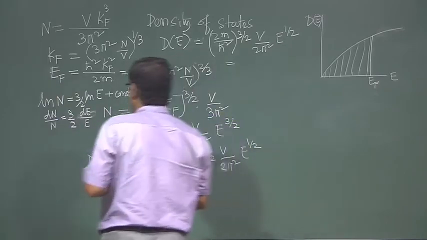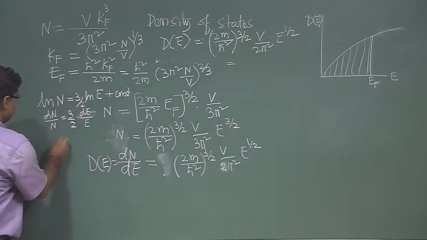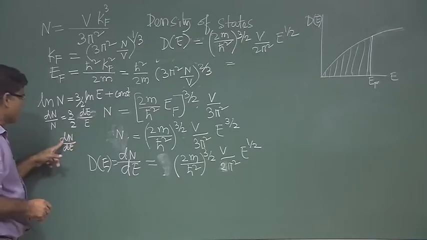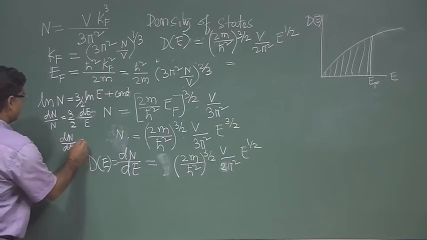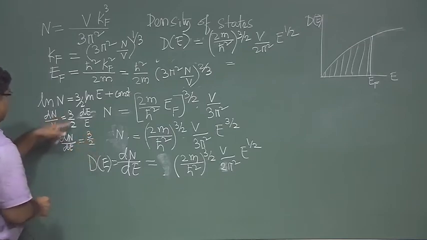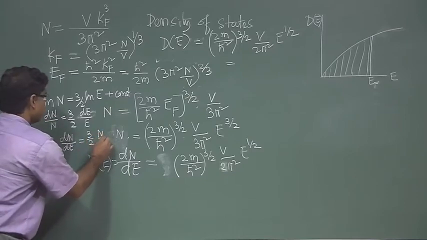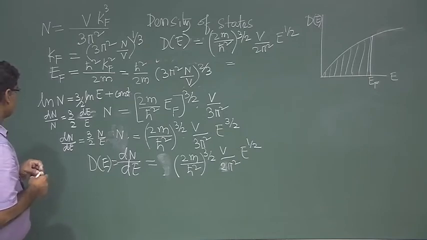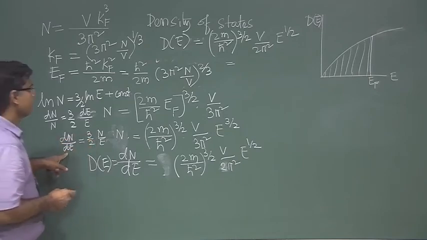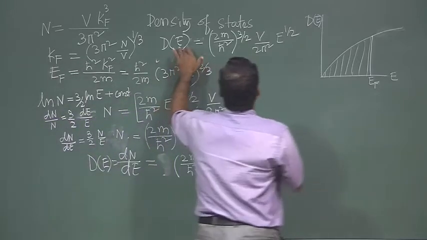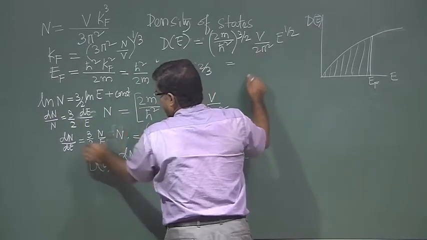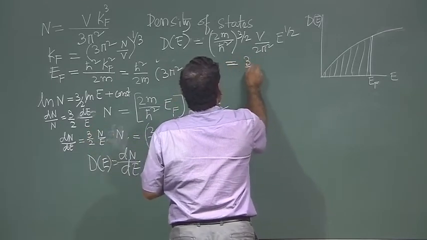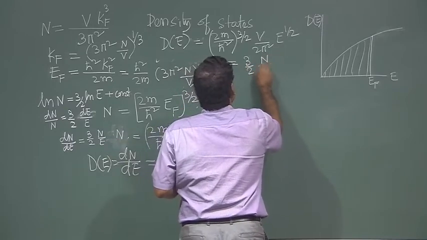So from here you can get dN by dE, that is nothing but the density of states, equal to 3 by 2 n by E. So this way also one can express the density of states. That is why I was trying to get this expression.